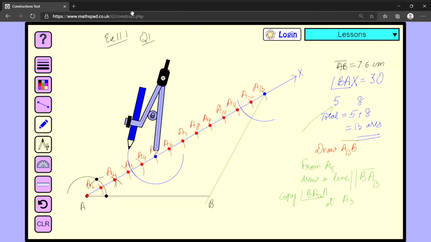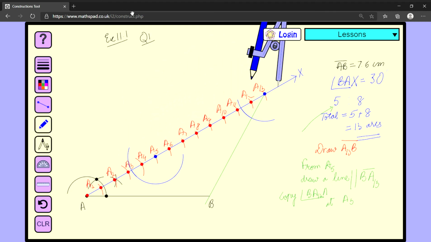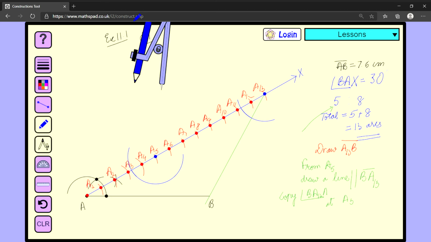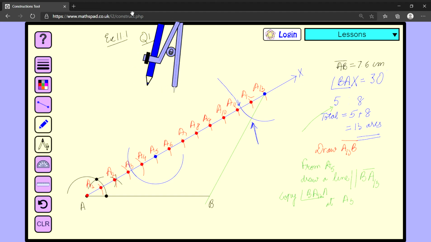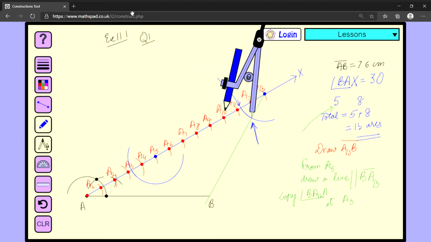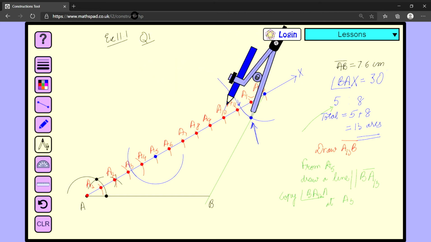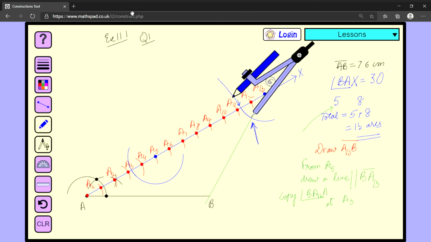Now I'm going to measure the length of this arc. I'm going to use the beginning and end points of this arc and measure its size with the help of the compass. I'm going to place the compass here and measure the endpoints. I would like to change the radius now.